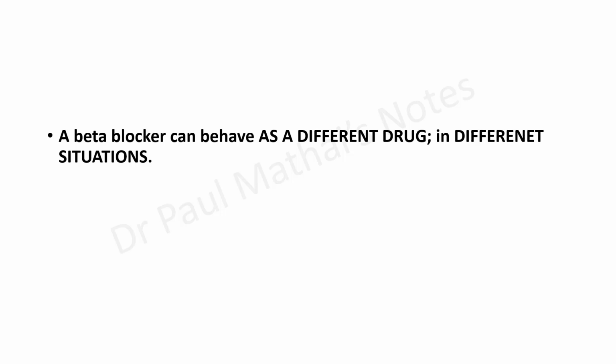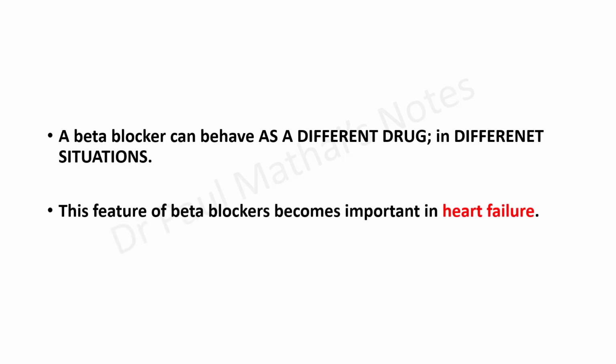Right. Let us now try to make sense of the role of beta blockers in heart failure. A beta blocker can behave as a different drug in different situations. This feature of beta blockers becomes very important in heart failure.